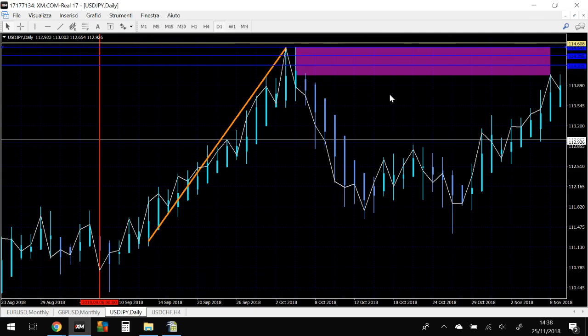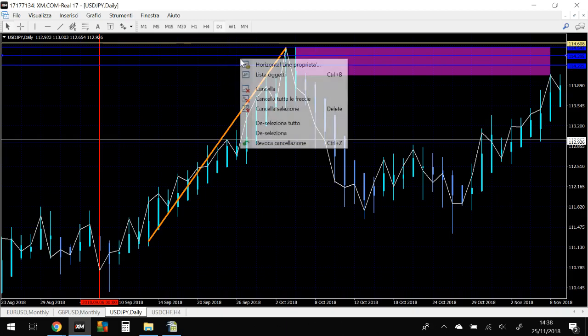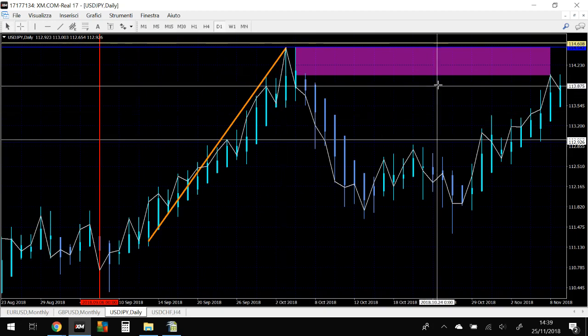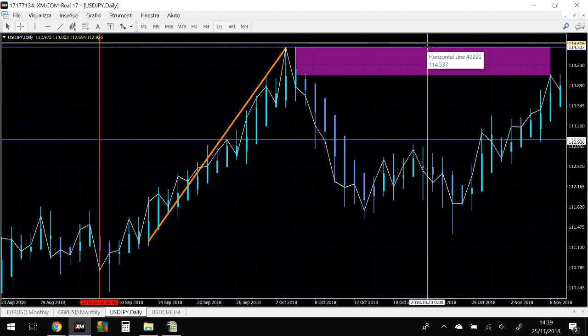So it's like having one bigger trade of 3 microlots, and I don't want the risk of trading more microlots. So I have to leave a distance between the last trade and the trade I'm going to put if the market comes back. For me, it's at least 150 pips.